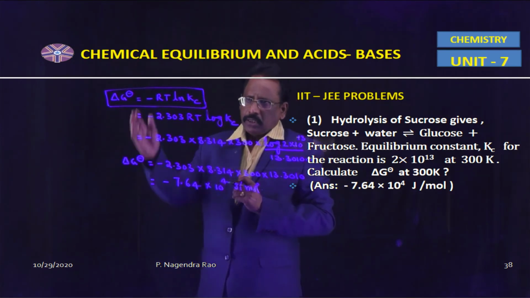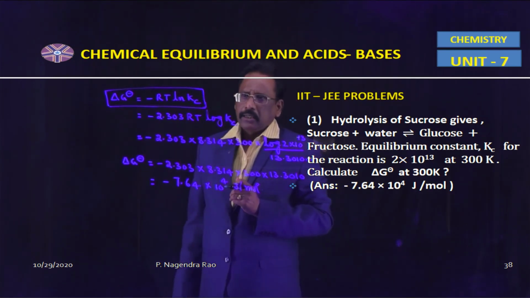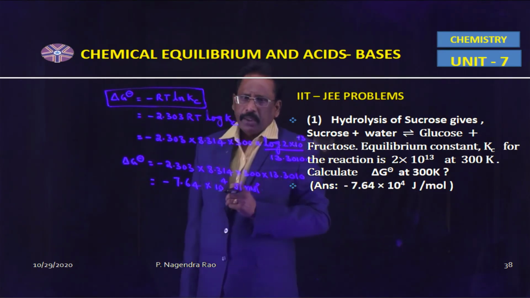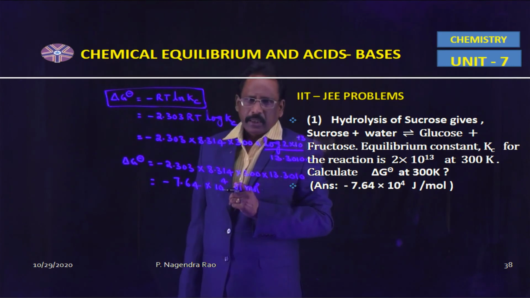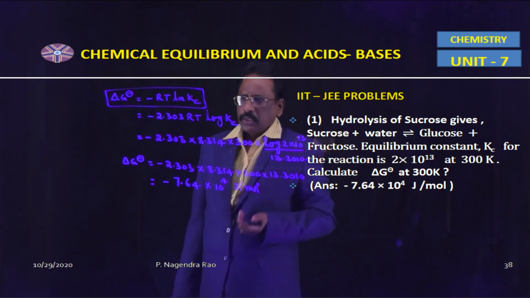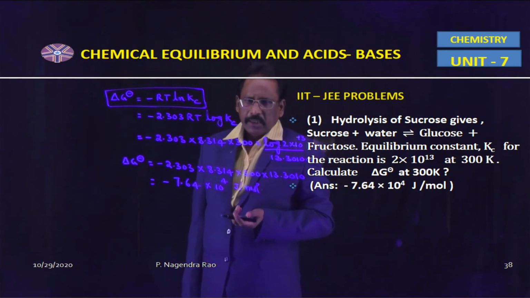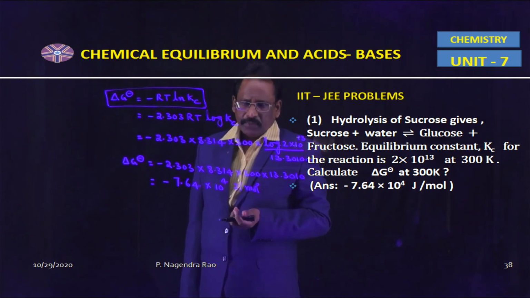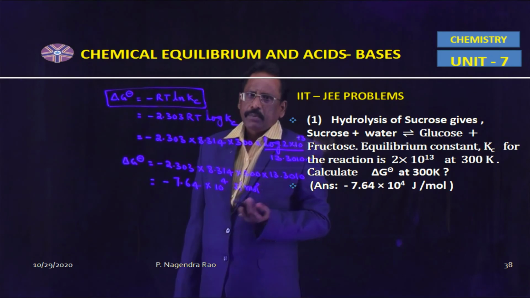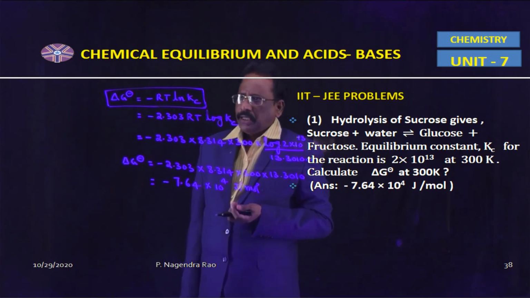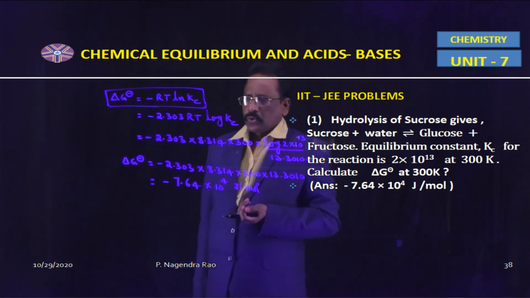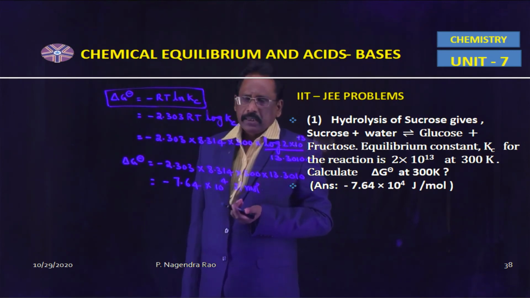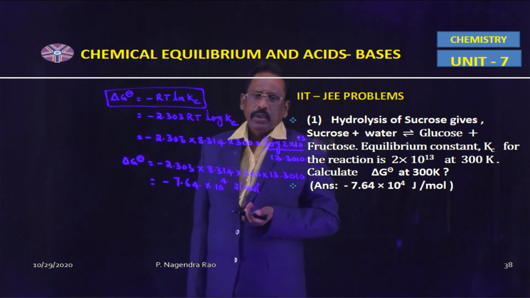If you want to convert the natural logarithm into log to the base 10, multiply with 2.303. So the final answer is minus 7.64 into 10 power 4 joules per mole in this hydrolysis of sucrose. The sucrose formula is C12H22O11.